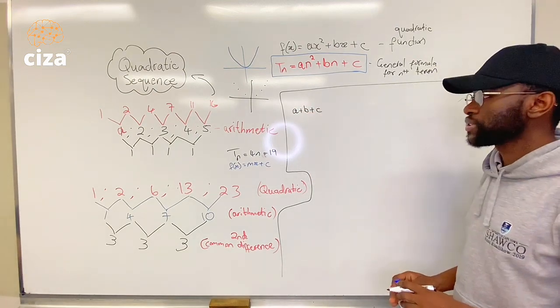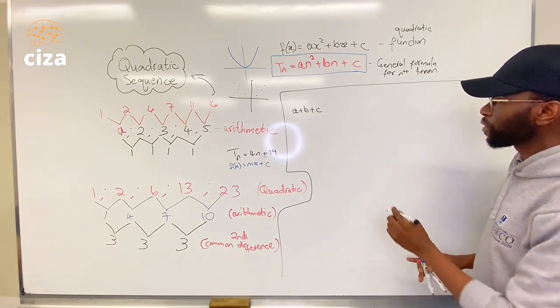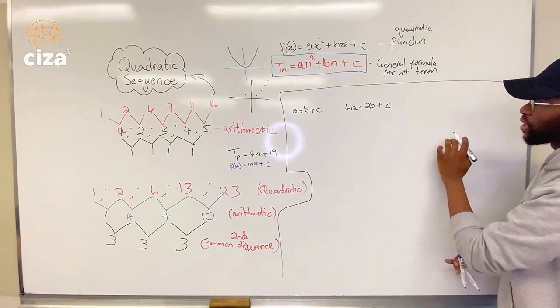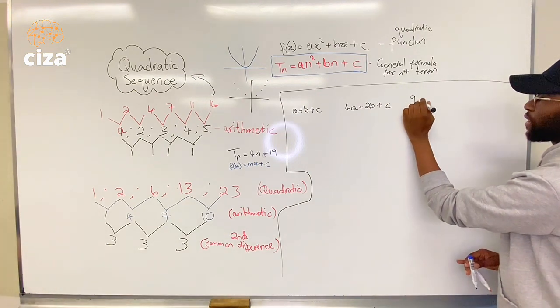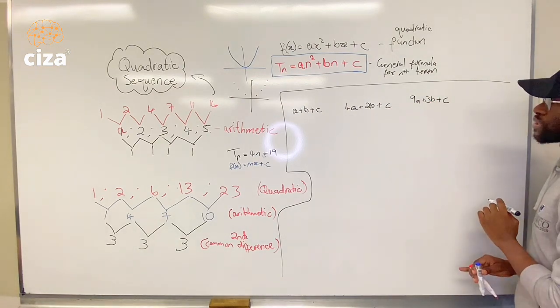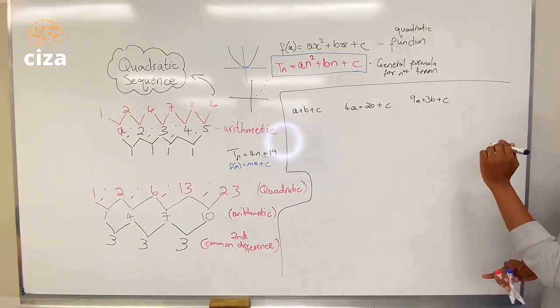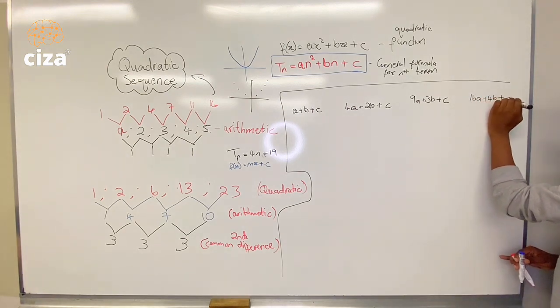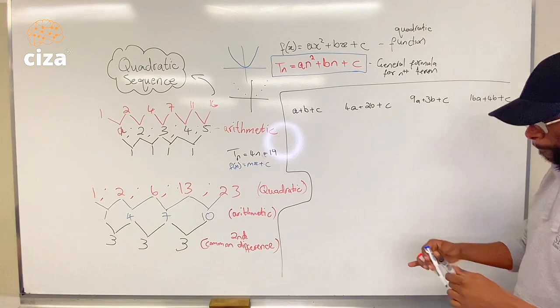However, in a quadratic sequence, our first term will not only be a, we will add both: a plus b plus c. Our second term will be 4a plus 2b plus c. Our third term will be 9a plus 3b plus c. Our fourth term will be 16a plus 4b plus c.